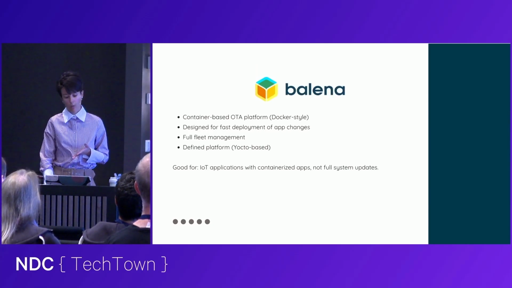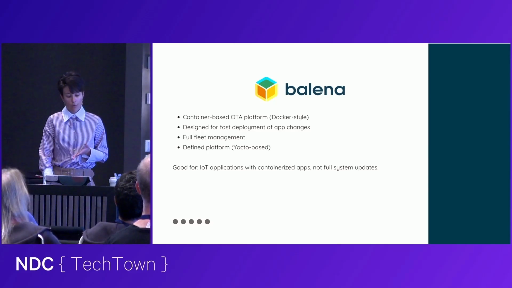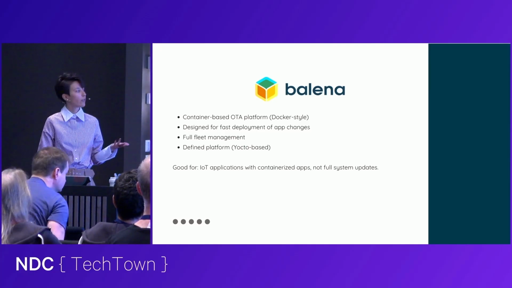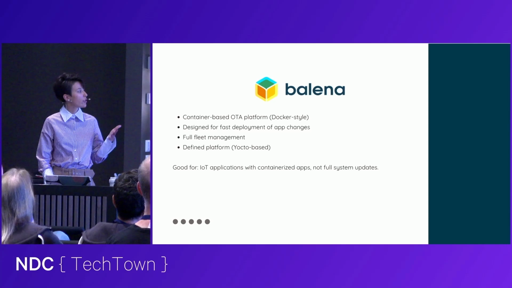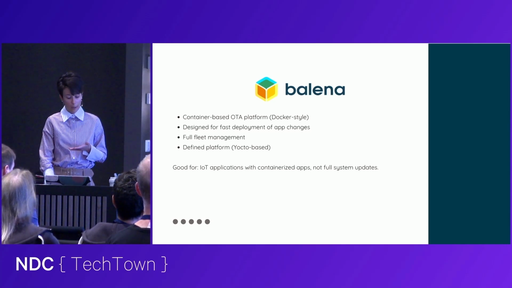Okay, moving on, we have Balena, which is a container-based OTA platform. So it does not do full system image upgrades, and it works on a defined platform which was developed by Balena and which is Yocto-based. This approach is designed for fast deployment of application changes.